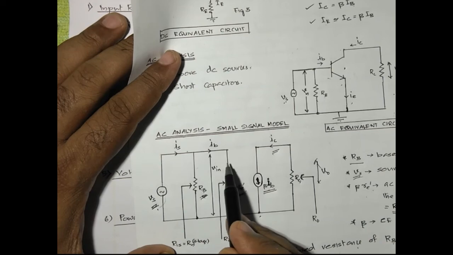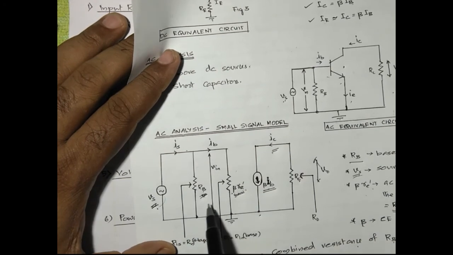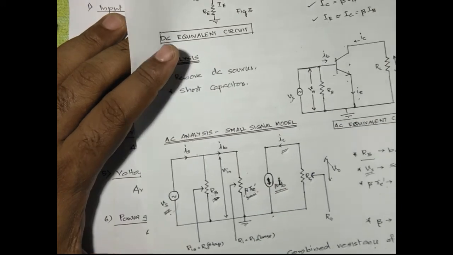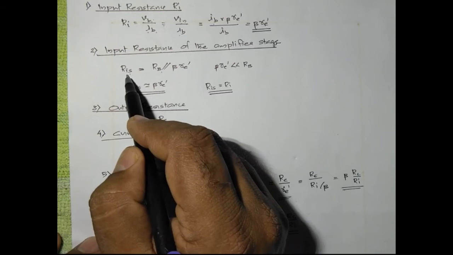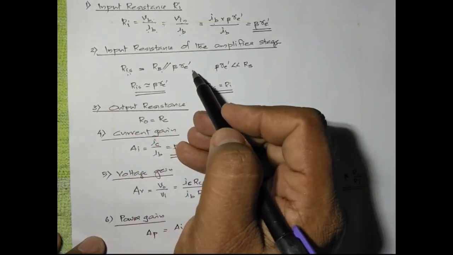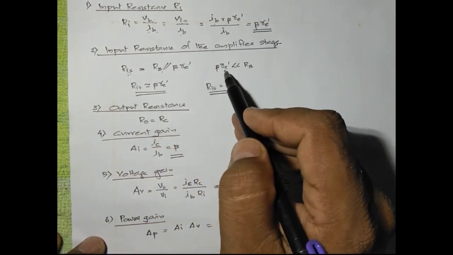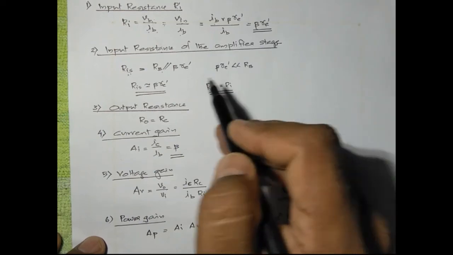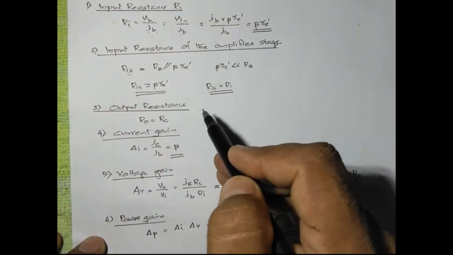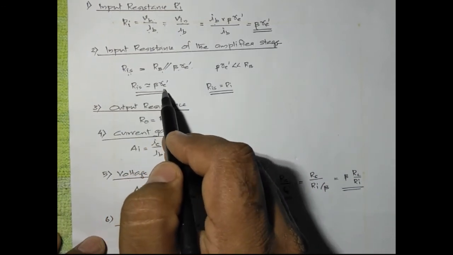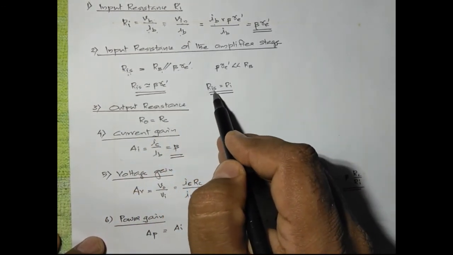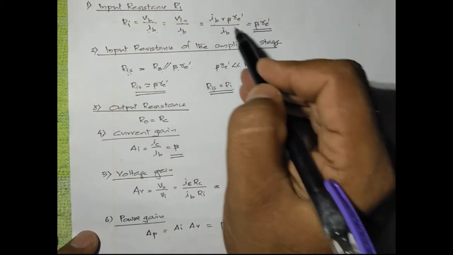So the effective resistance will be the resistance given by the parallel combination of RB and beta Re prime. So RIS or the stage resistance is RB parallel beta Re prime. We know that beta Re prime is very much less than RB. So the parallel combination will have a resistance which is less than beta Re prime, or we can make it almost equal to beta Re prime. So RIS is nothing but Ri.